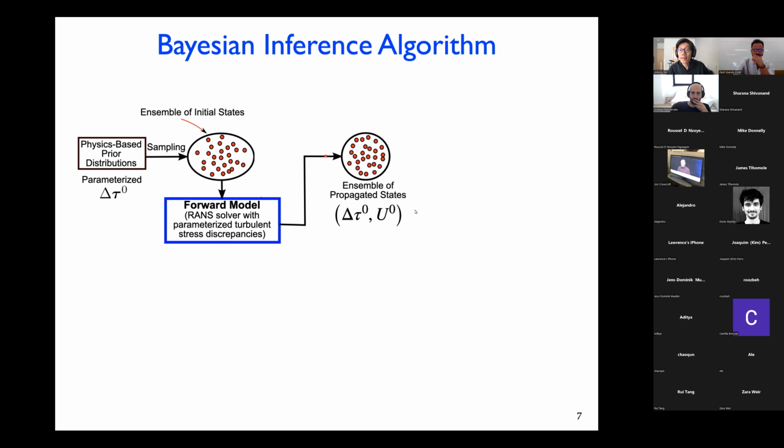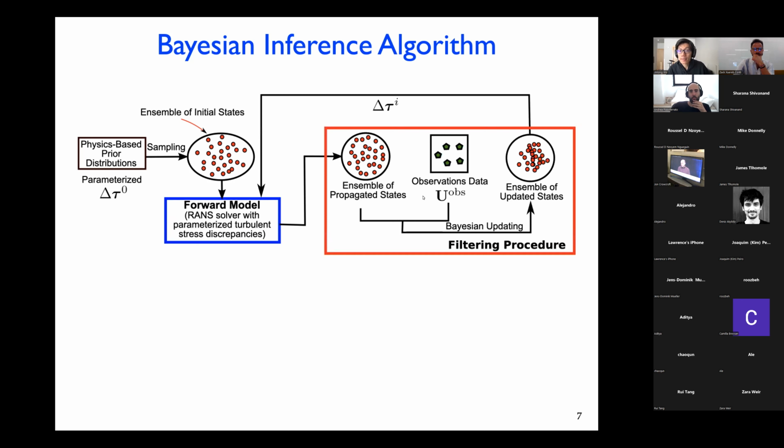And then we can compare the solved velocity with the observation data that we have. And then based on this comparison, we can use Bayesian updating to try to update the ensemble states. And then we have the updated estimation of the delta tau term.